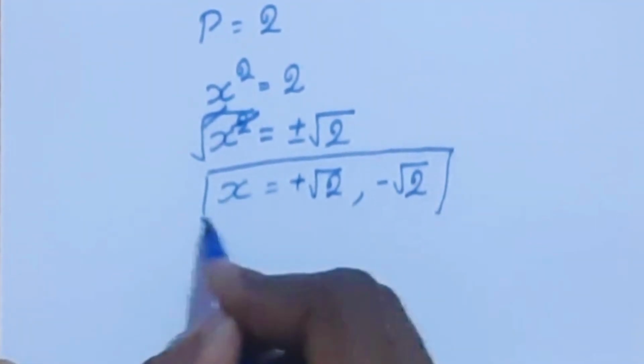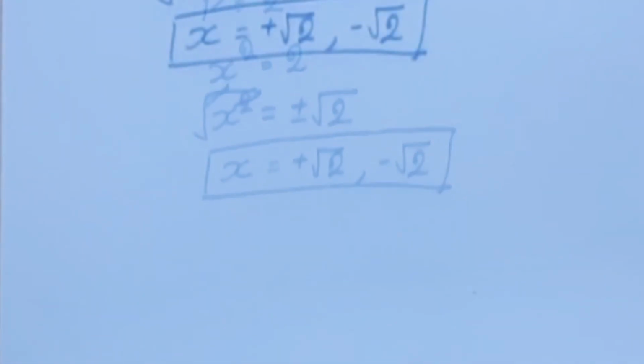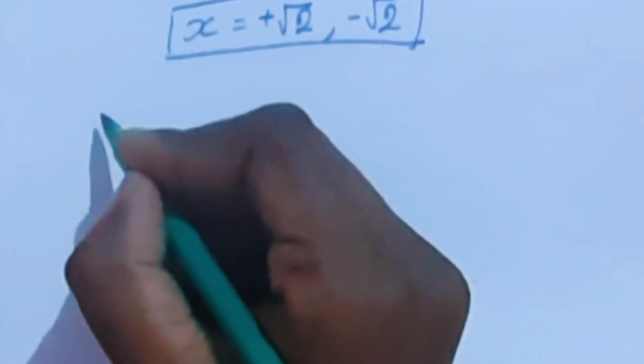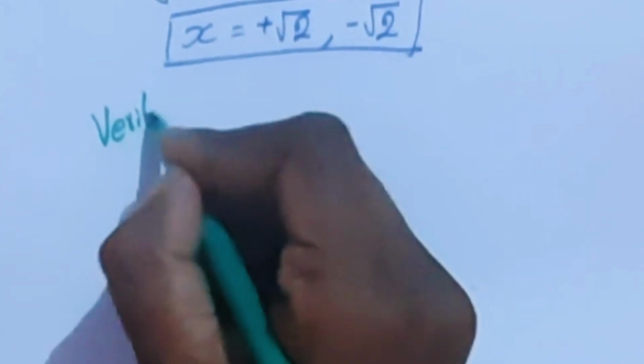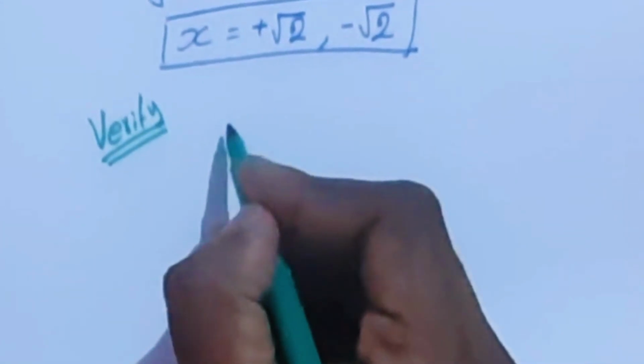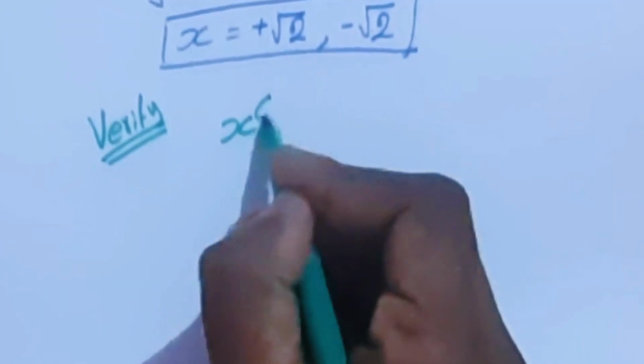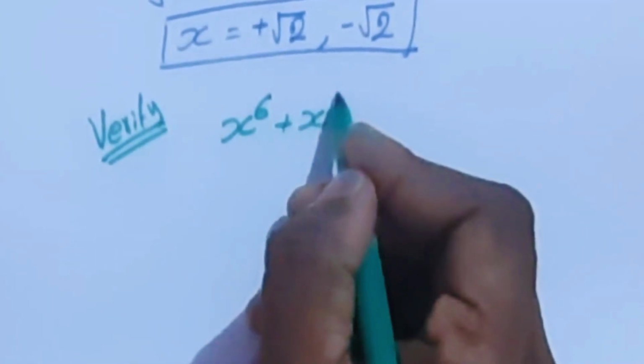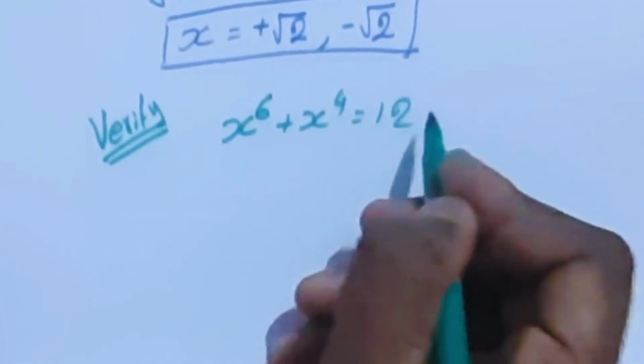Now we are going to verify this x value with x power 6 plus x power 4 equal to 12.